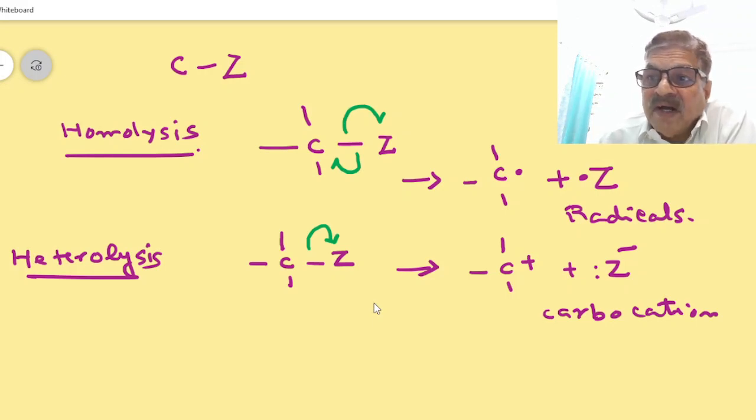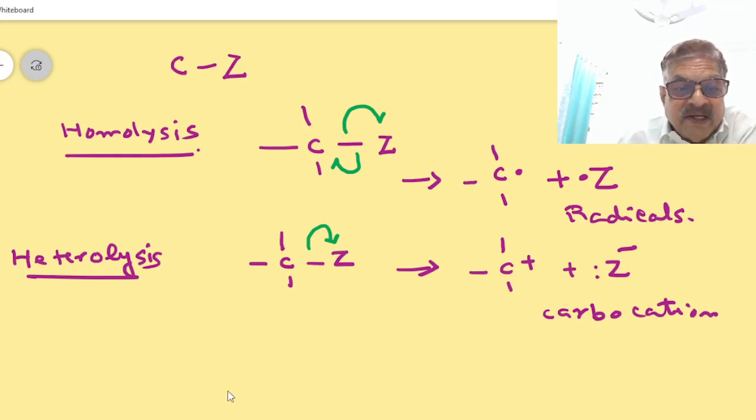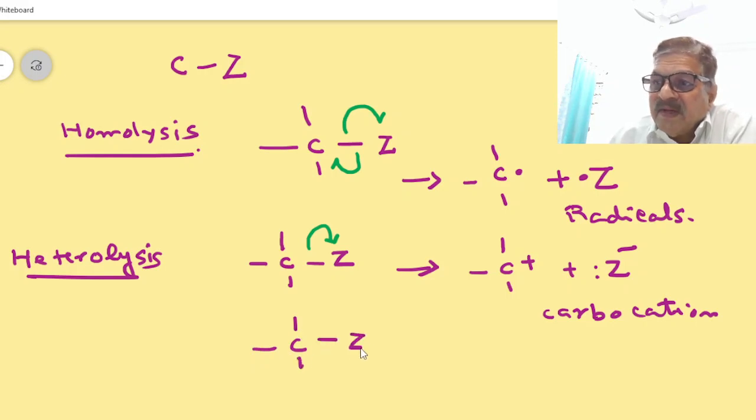These are all ionic intermediates, and these are very common polar reactions. Another way this bond can break is, correct, this electron pair will go like this. So we will be getting another reactive intermediate, known as carbanions.